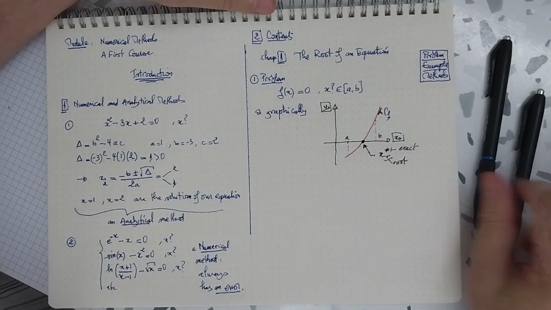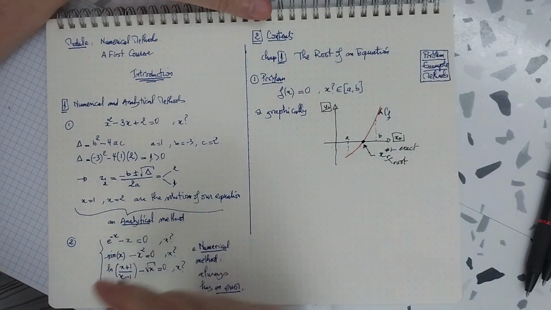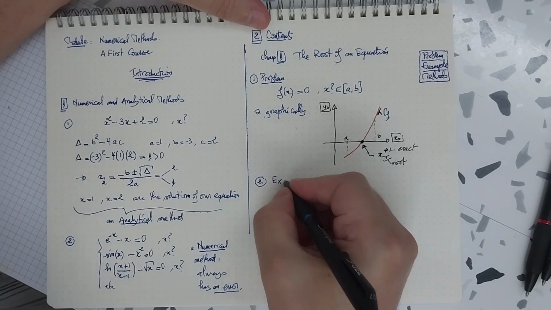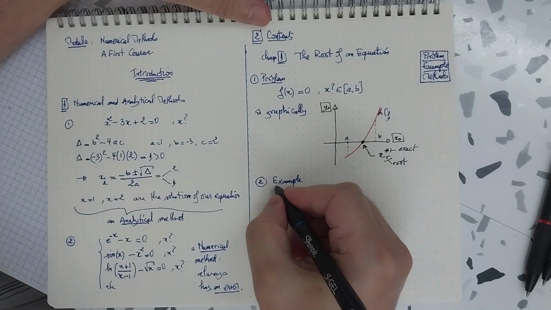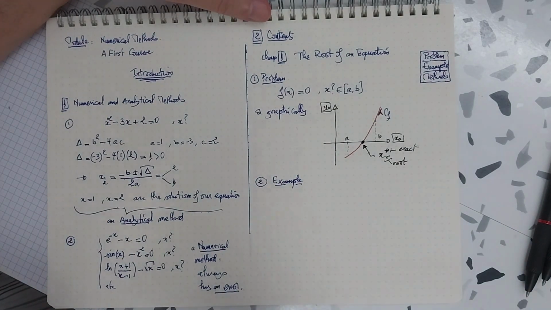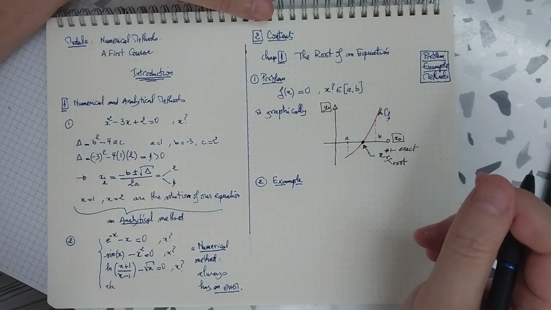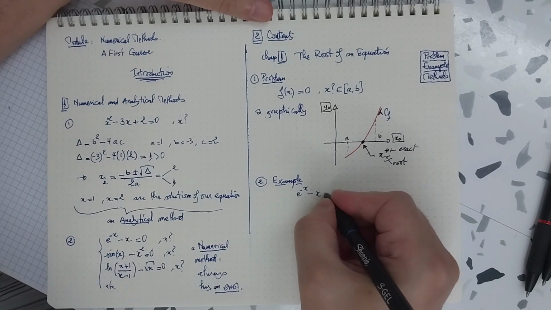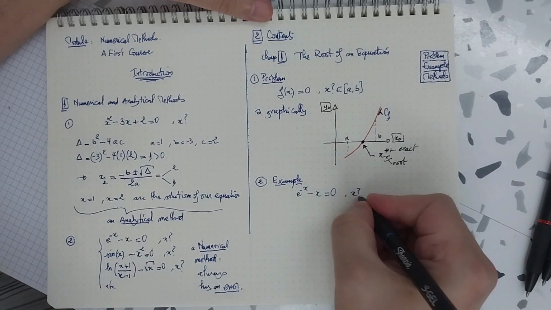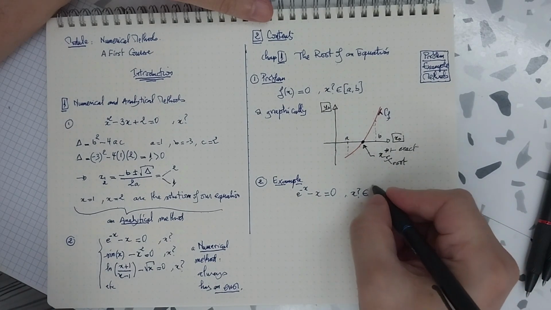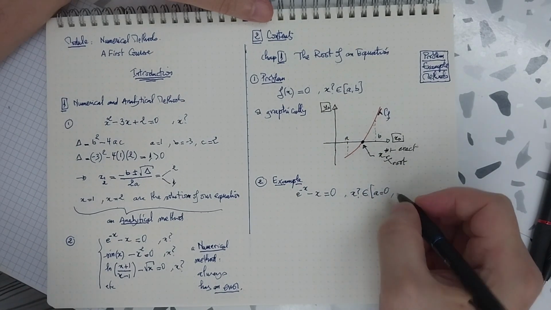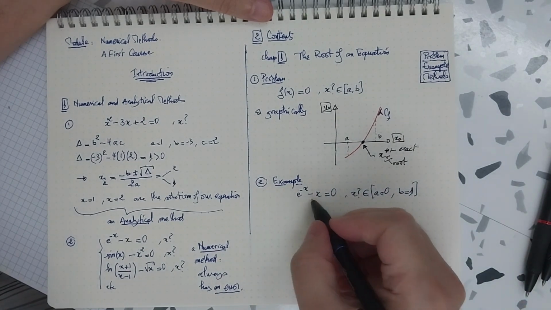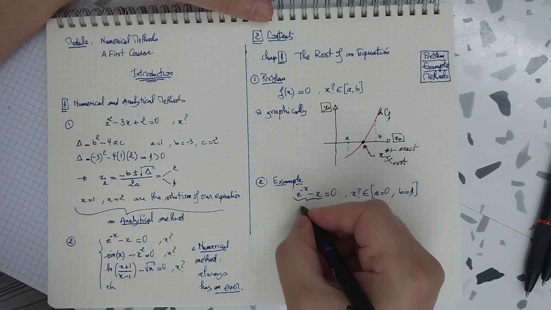And I can give an example, of course, that we will solve later in the chapter. So this is just an overview. For example, exponential of minus x equals 0. Find x in the interval where a equals 0 and b equals 1. This is f of x.